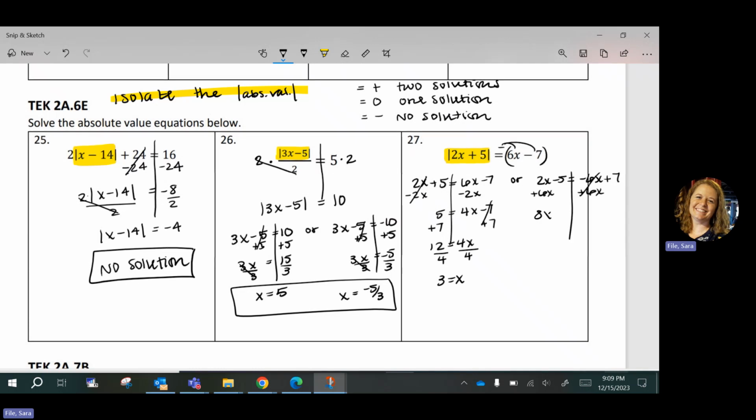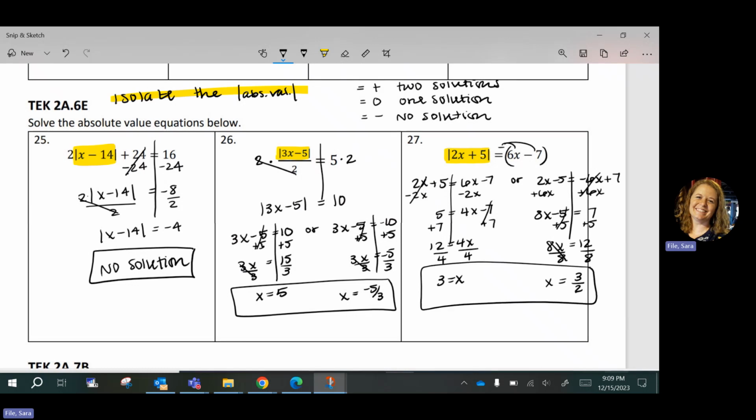So that becomes 8x minus 5 equals 7. And I'm going to add that 5 to the other side. Divide out the 8. That doesn't divide evenly, but I can reduce it because both of those are divisible by 4, which leaves me with 3/2. So those are my two solutions there.